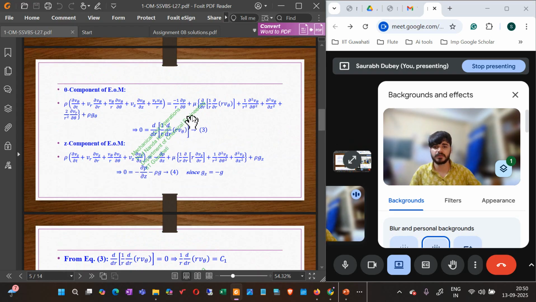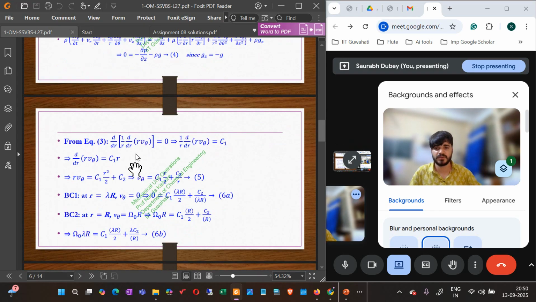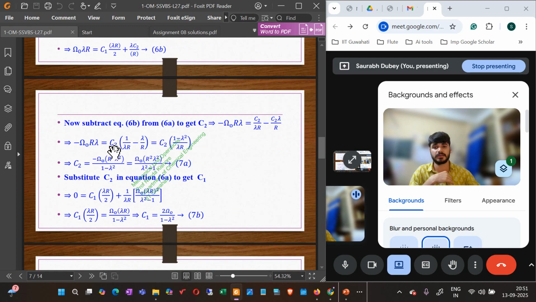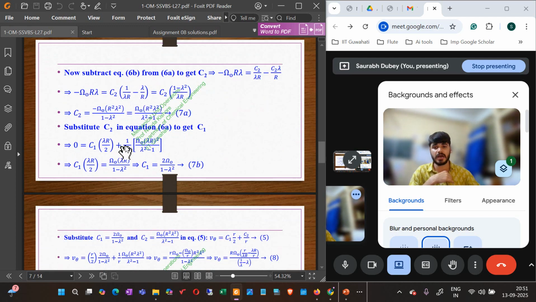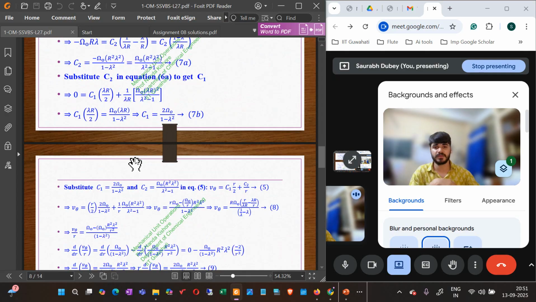Now from this particular second and third equation that came out of the theta component of the equation of motion, you can derive V theta, and V theta comes out to be C1 R by 2 plus C2 by R. Using the relations that at R equals lambda R, V theta is 0, and at R equals R, V theta equals this one, we have the constants evaluated, and accordingly we will have our velocity profile V theta.